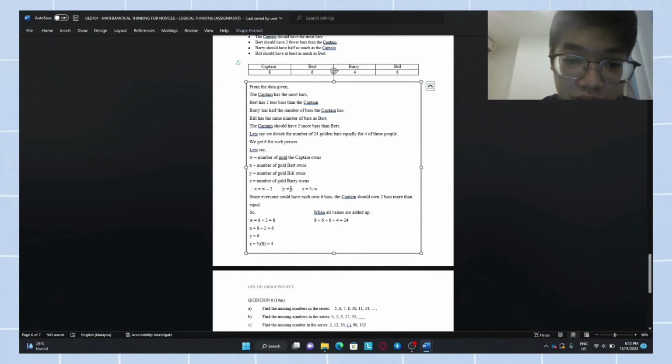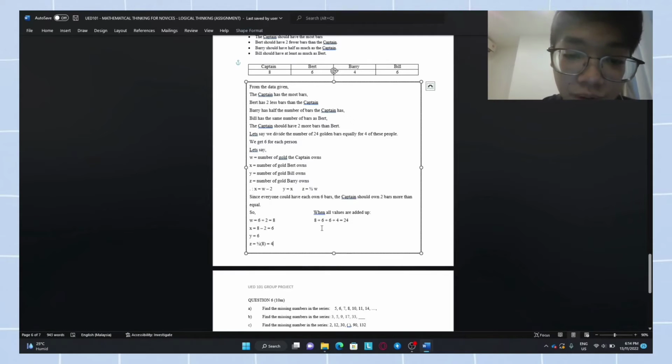And for the second equation, we can apply the same thing. We can substitute X into this equation, so we will obtain 6. And for the last equation, we just divide the number of golden bars the captain owns by 2.